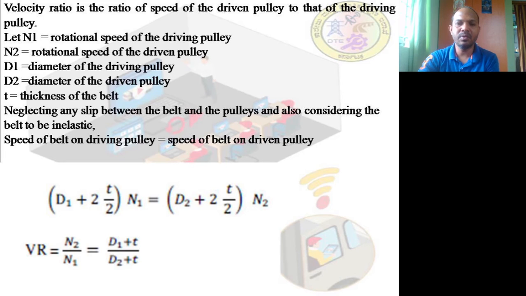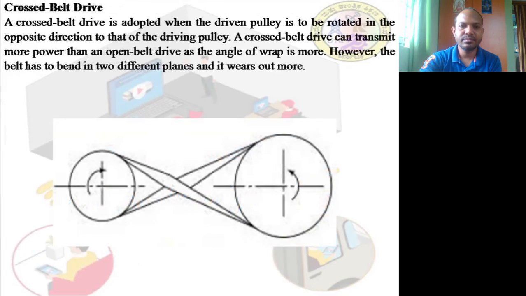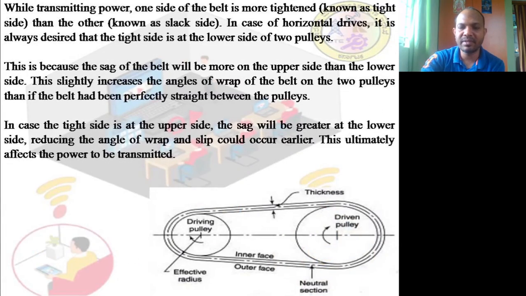(D1 + 2t)/2. Why it is being taken as t divided by 2 is, now if you see the sketch, the thickness is nothing but t. If I make it T divided by 2, we are taking only half of the belt thickness, which is making contact here and making contact over here. Are you getting my point?